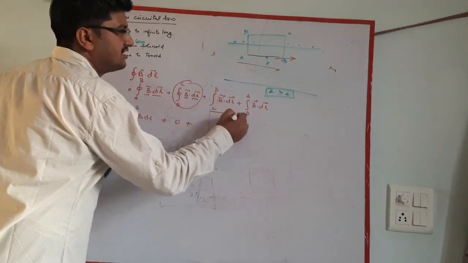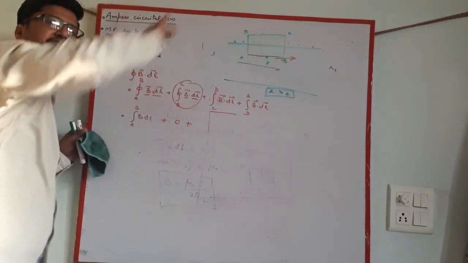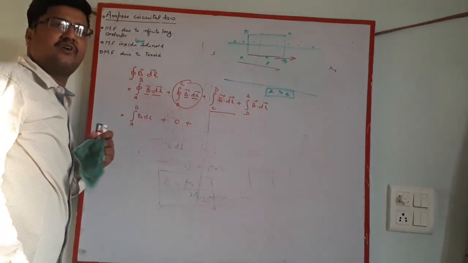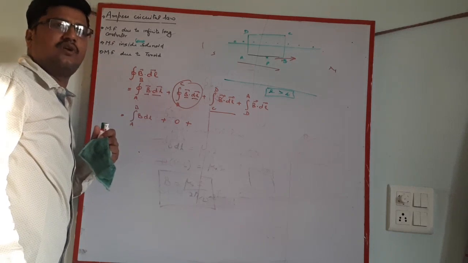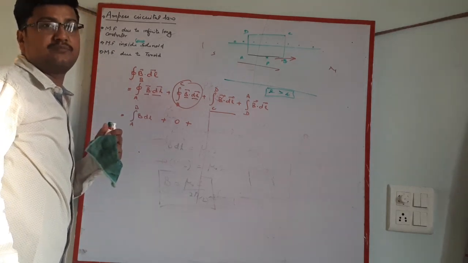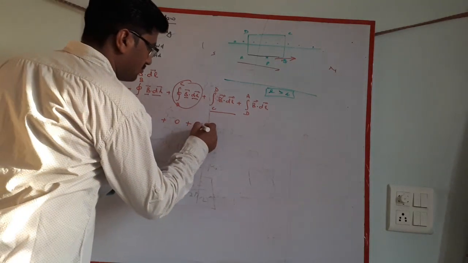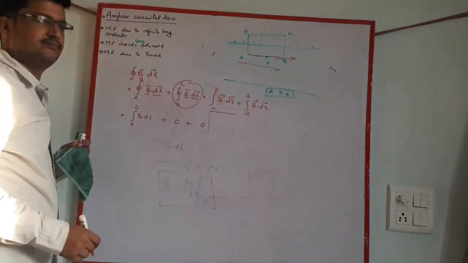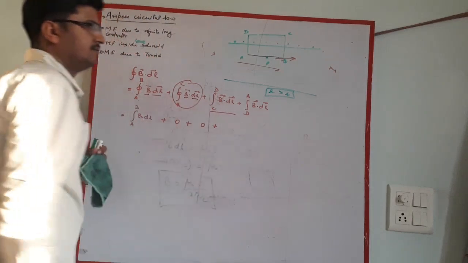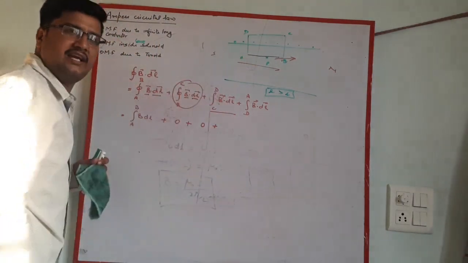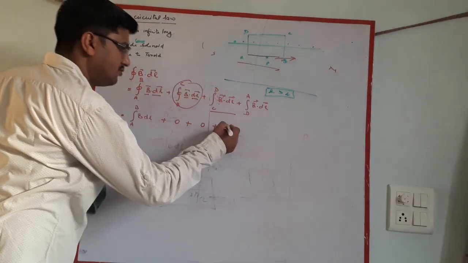Plus CD, outside the solenoid, and for a long solenoid the magnetic field outside is approximately 0, so 0 into dl is 0. Plus A to D, again 90 degrees perpendicular to the magnetic field, so 0.